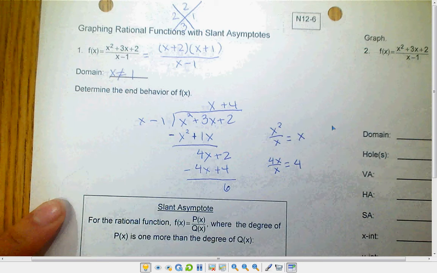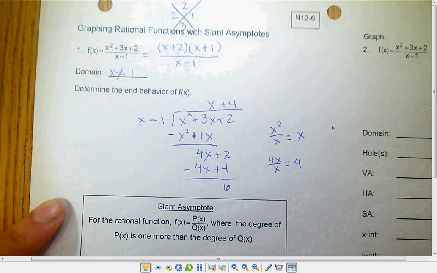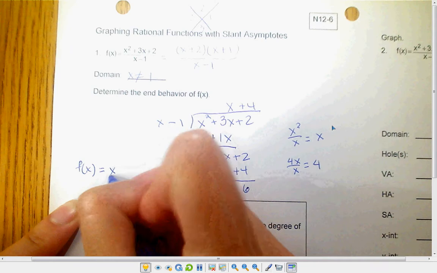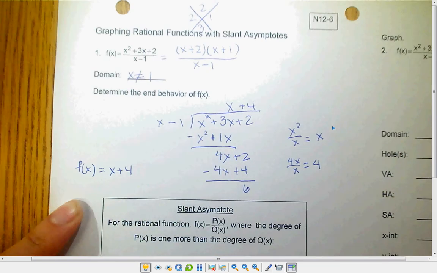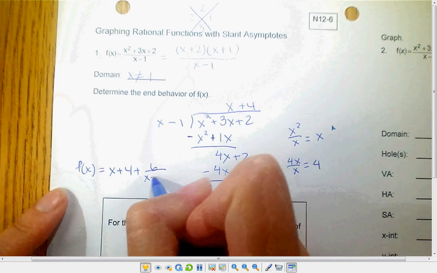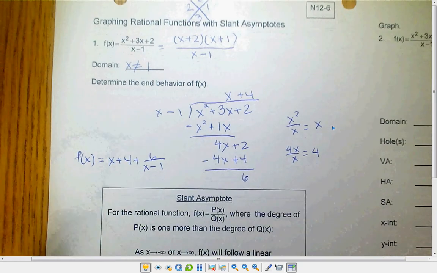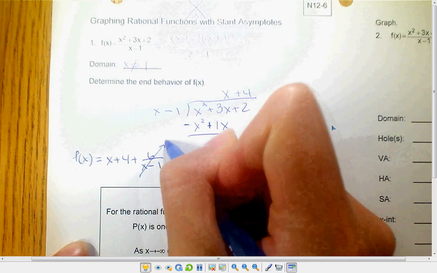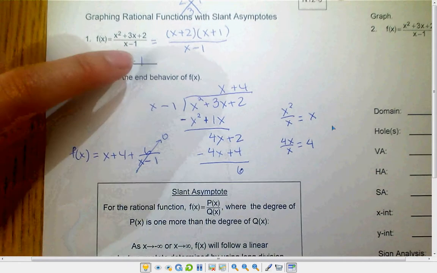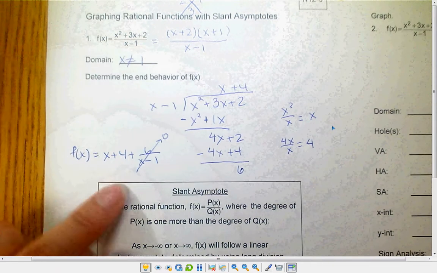If I rewrite this using proper form, f of x equals my answer, x plus 4, plus 6 over my original denominator. So I know that my fraction goes to 0, and my end behavior is x plus 4.